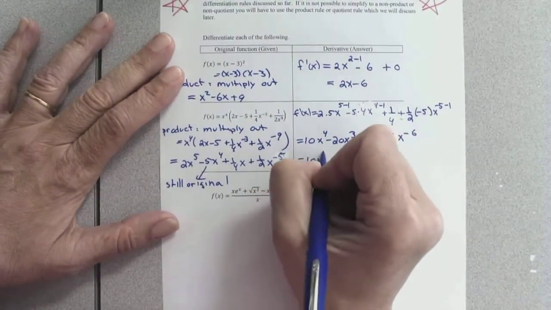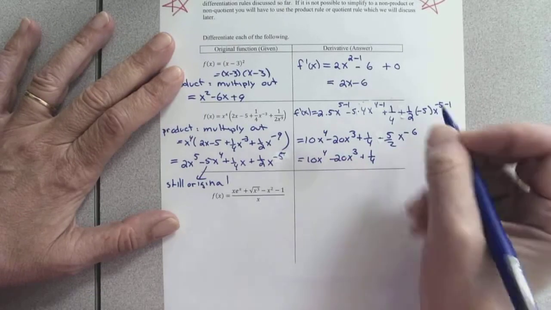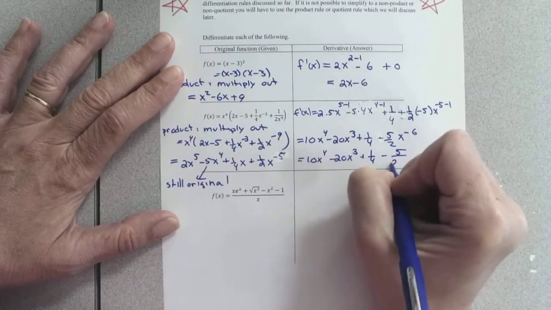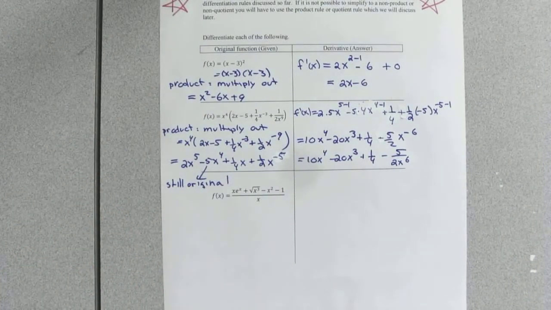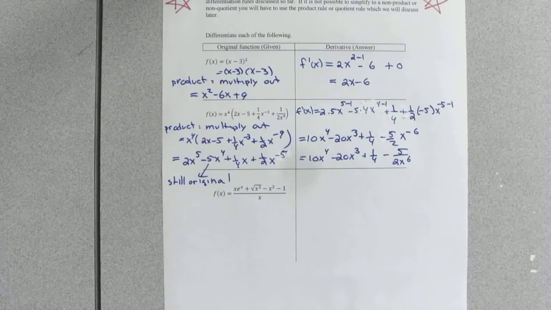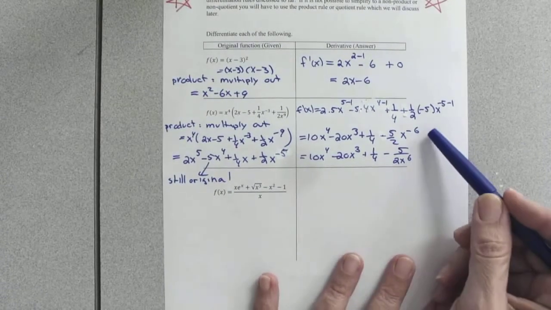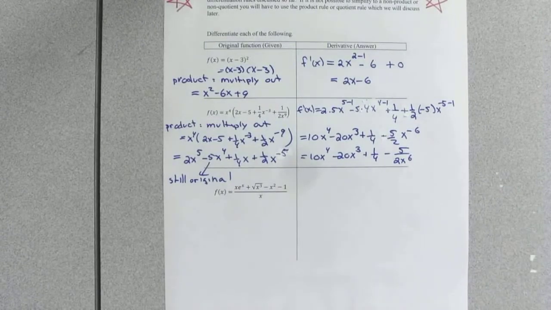And so 10x to the fourth minus 20x cubed plus 1/4 minus 5 over 2x to the 6th. And dropping that x down there gives me a chance to say again, remember an exponent applies to the one factor to which it's adjacent. So that's negative 6 applied only to the x, so only the x moves.